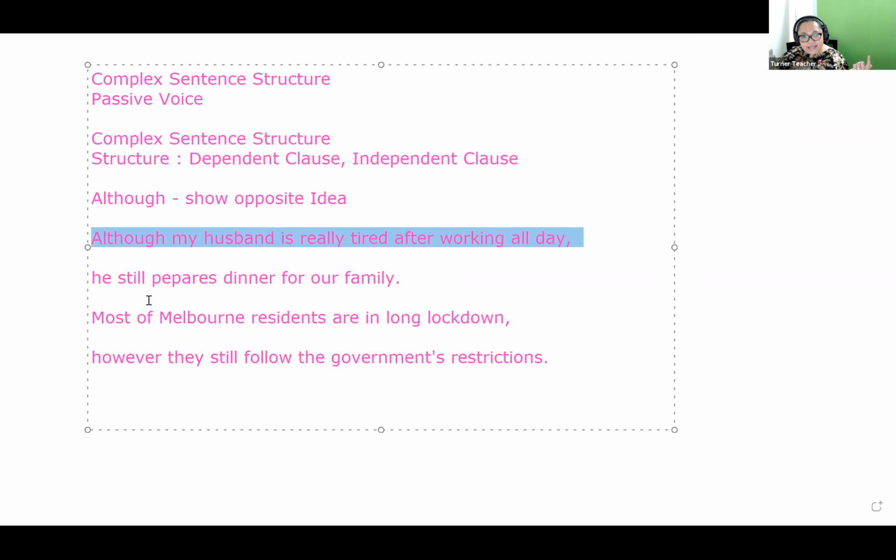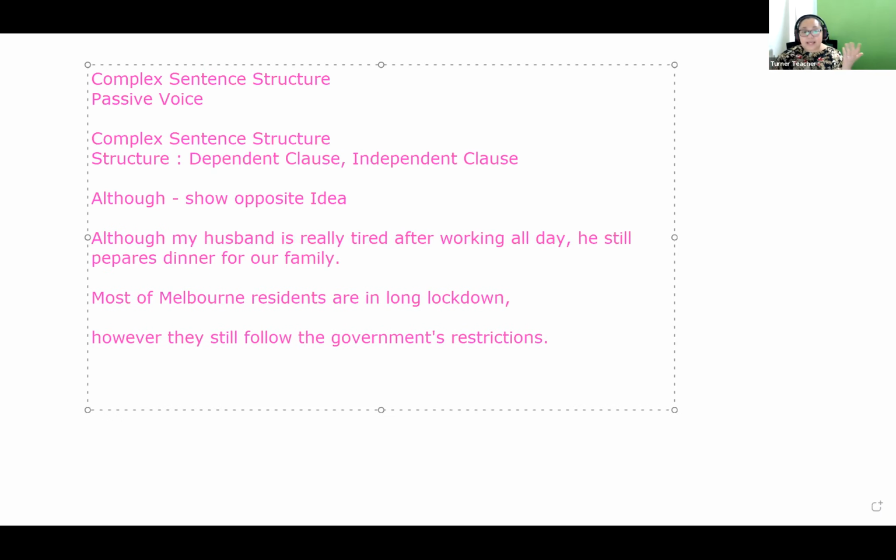I need the second sentence to make it complete: he still prepares dinner for our family. But with this one, most Melbourne residents are in long lockdown, that's fine. They still follow the government's restrictions, that's fine. Both make sense in their own way and don't need one or the other to make complete sense.